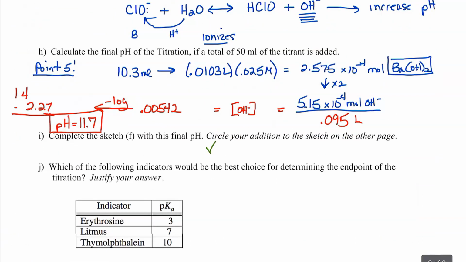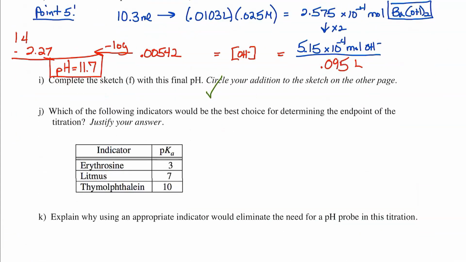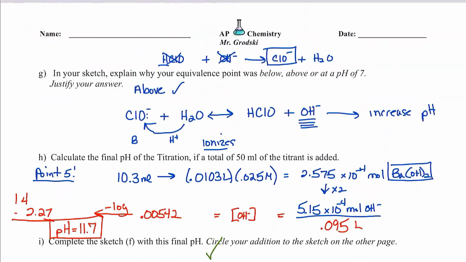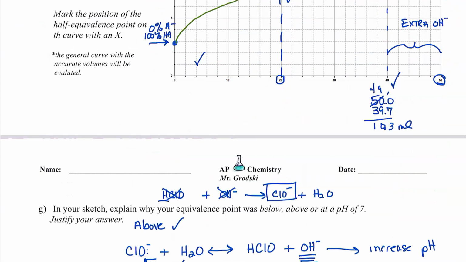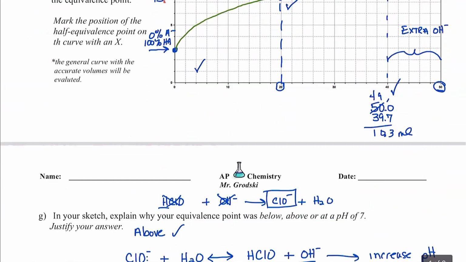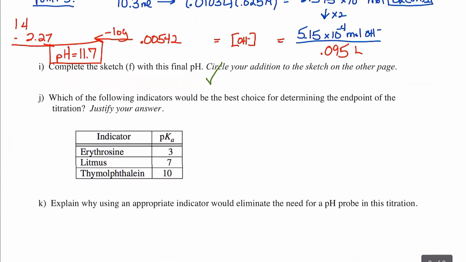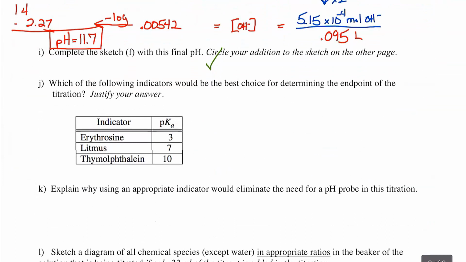Letter J, which of the following indicators would be the best choice to determine the endpoint? Well, because my pH is above 7, I want to pick the pKa of the indicator that's closest to the equivalence. Now, I know it's above 7, and we're estimating. Notice I gave you only one above 7, since we can't calculate that pH yet. So you would tell me it's thymolphthalein, and you'd get credit for that.